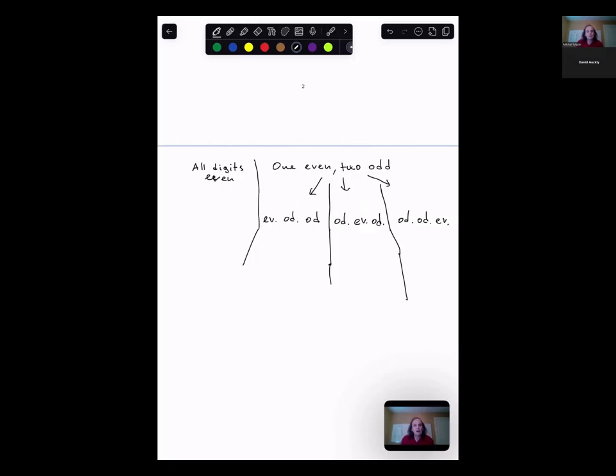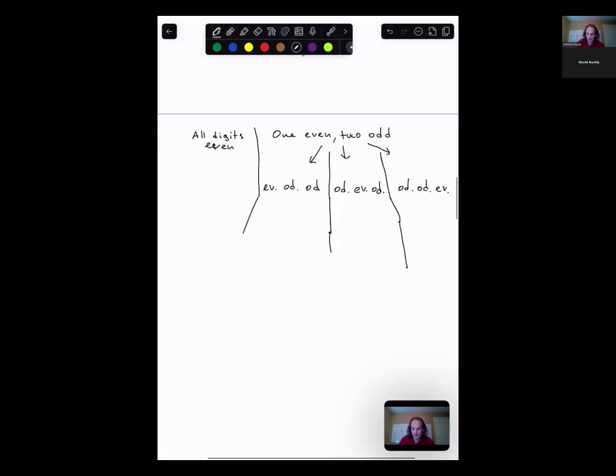Okay, let's first do all digits even. So how many different three-digit numbers have all digits even? We have the digits 0, 1, 2, 3, 4, 5, 6, 7, 8, and 9.